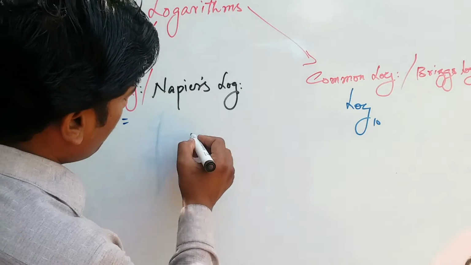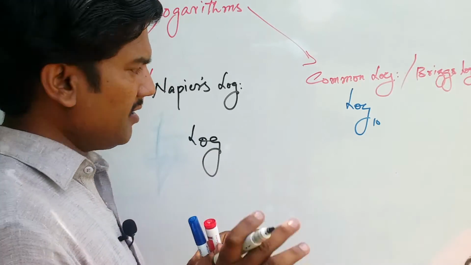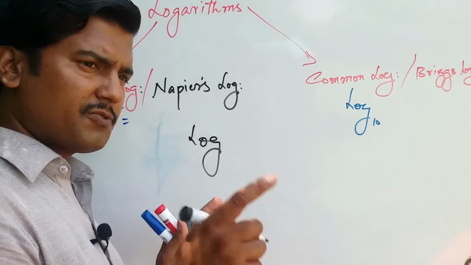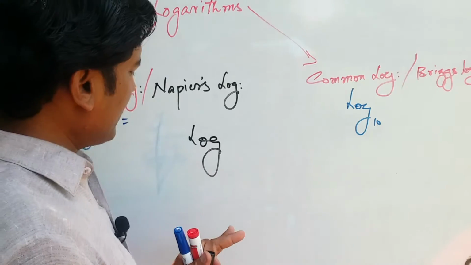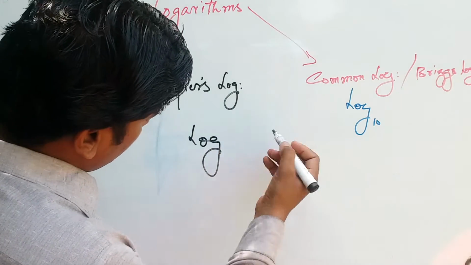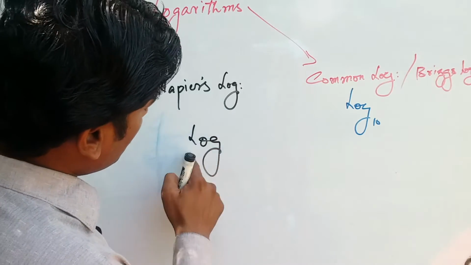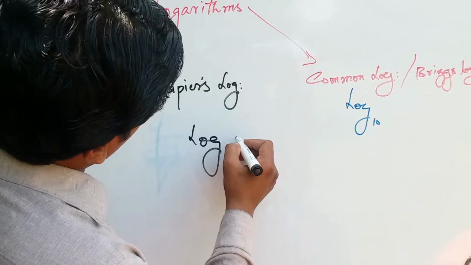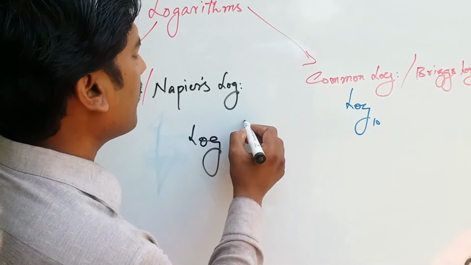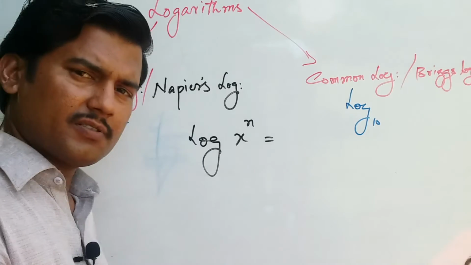Now I'm discussing 2-3 basic rules of logarithms, which will be needed to us onwards in upper classes. So log of x to the power n, how to solve such problems.